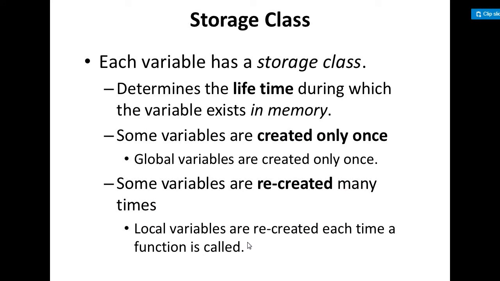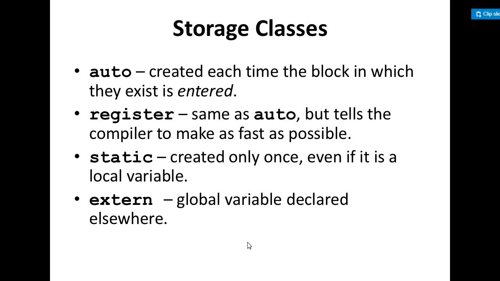Storage class. Each variable has a storage class that determines the lifetime during which the variable is in memory. Some variables are created only once, so a global variable is created only once. Some variables are recreated many times, so local variables are created many times. There are 4 storage classes in C++.